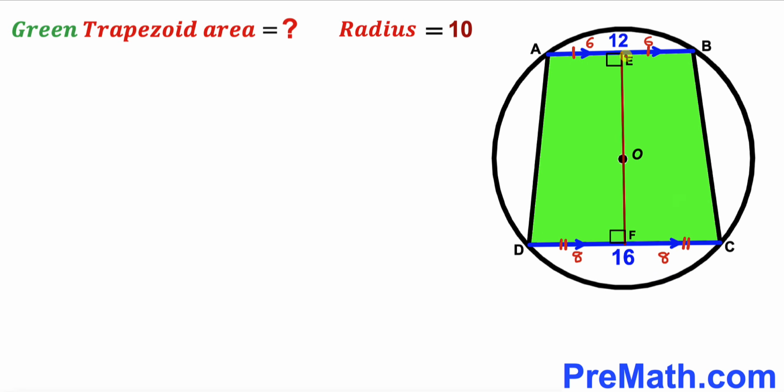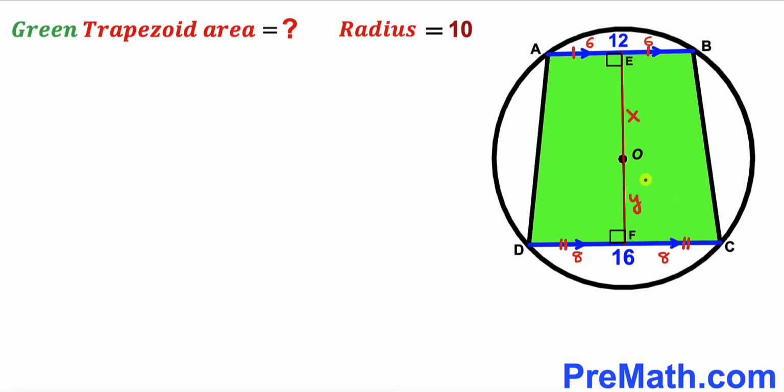In this next step, I am going to label the EO length as x and the OF length as y, such that the whole height of this trapezoid, EF, is x plus y. So our task is to find the values of x and y.